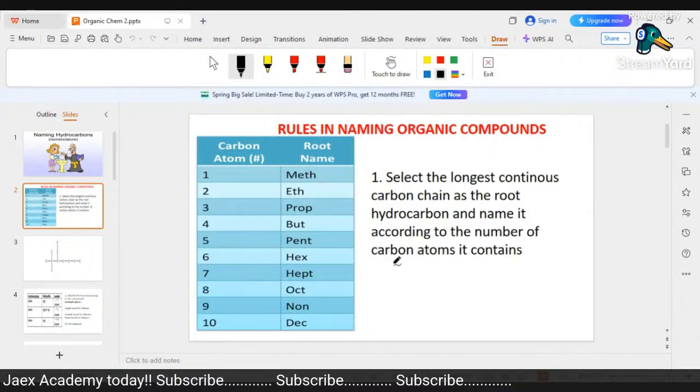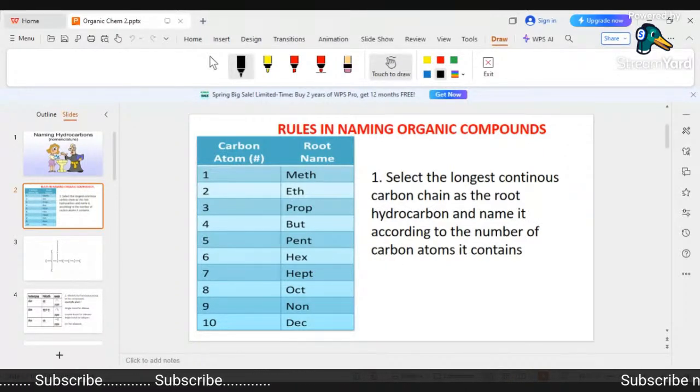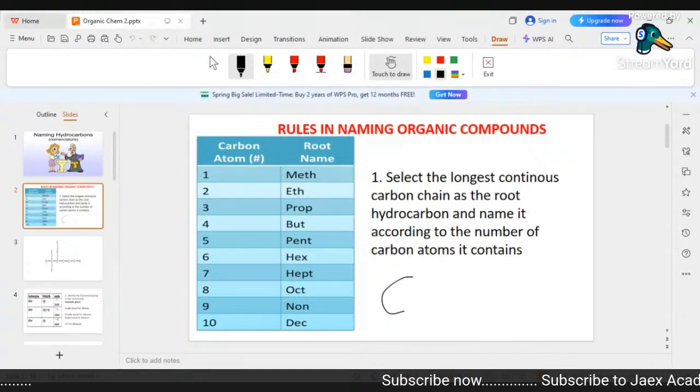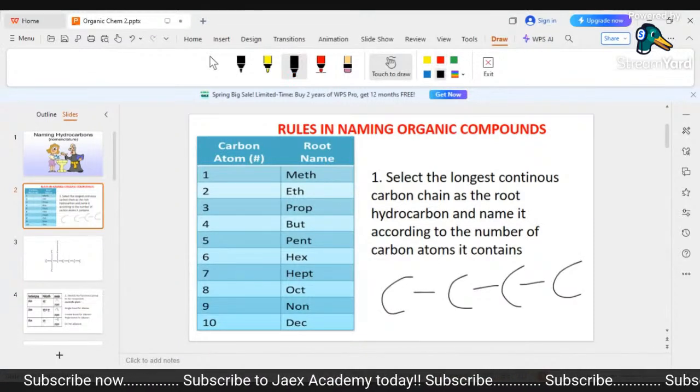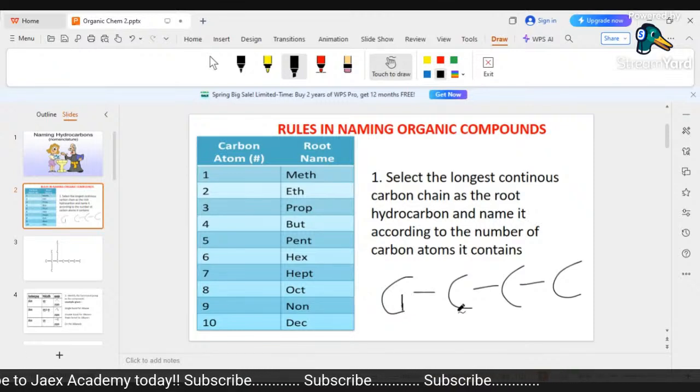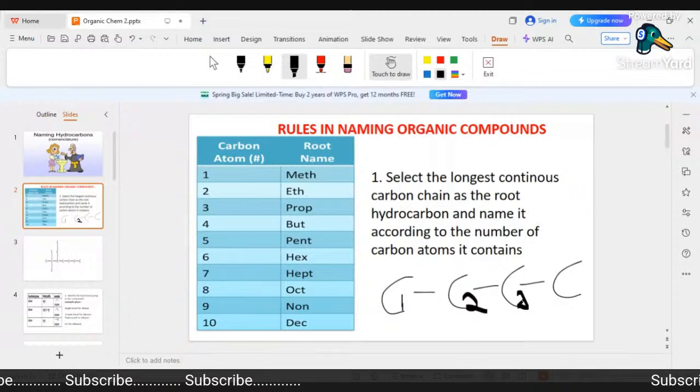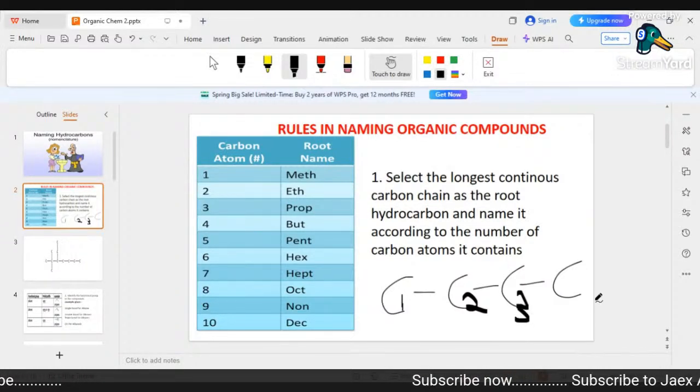For example, if we are given a compound like this, C, C, C, C, we have to select the longest continuous chain. In doing that we count 1, 2, 3, 4.